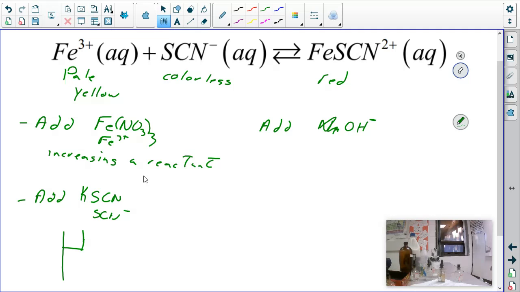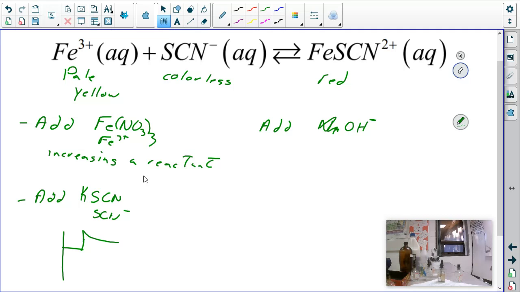It's going to try to reduce the addition. So it's going to try to get back to its original equilibrium concentration. And it's going to do that by shifting towards the product.